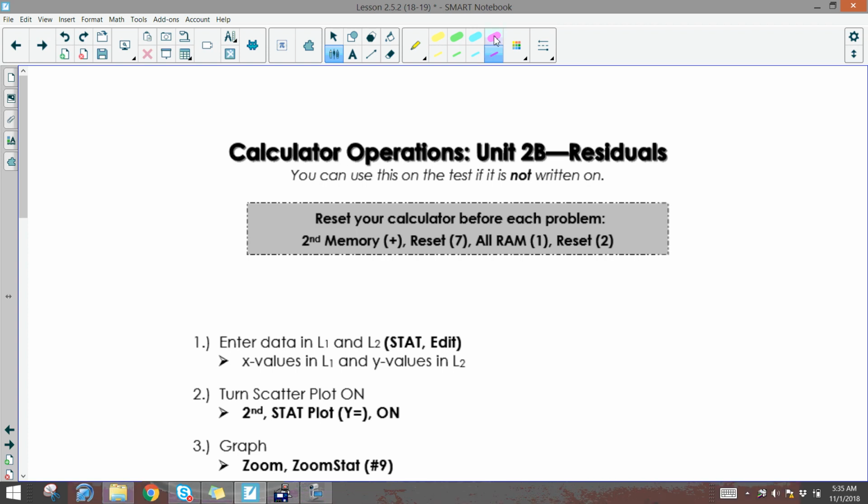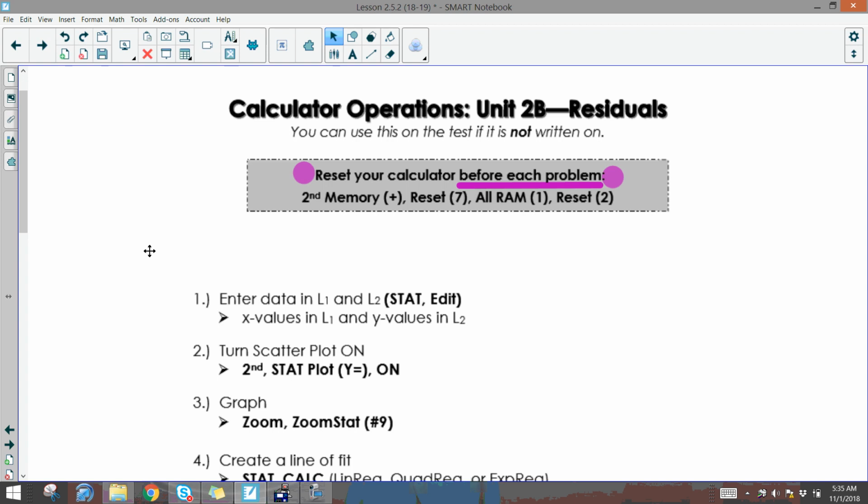It is really important that you reset your calculator before each problem, not "oh, okay, I'm going to start doing this and I was in science, so I should probably do this." It's before each problem if you actually want to have the most success and do it the quickest, which I know you guys are really into, obviously.